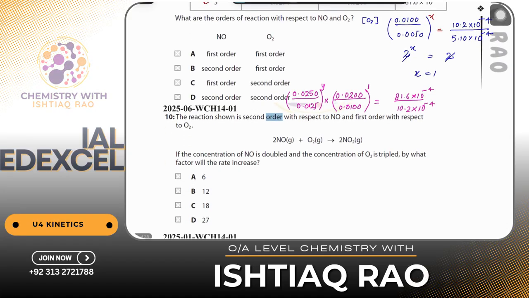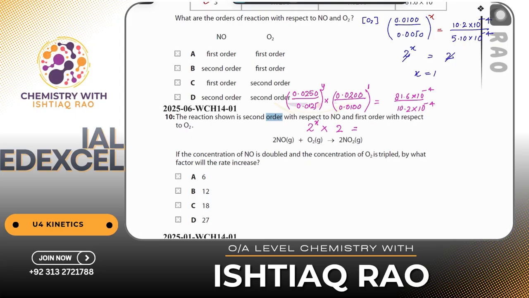Now I'm going to simplify this. Right? So 0.0250 divided by 0.0125, which is equal to 2 raised to the power y, multiplied by 0.0200 divided by 0.0100, the answer is 2, is equal to 81.6 × 10^-4 divided by 10.2 × 10^-4, that is equal to 8.